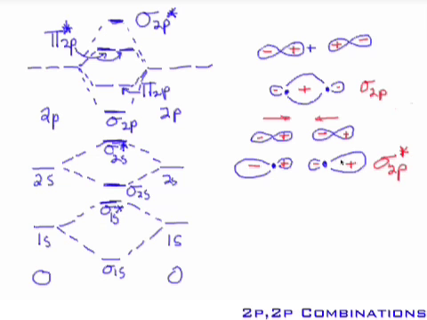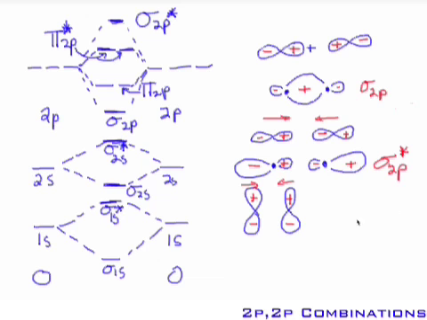So notice we can figure out the shapes by how the waves combine. What about when we get side-to-side overlap? The pi 2p's and pi 2p stars, what do they look like? Well, we can do the same thing, except we want side-to-side overlap. What do we get? If these two are thrown together and the amplitudes of their lobes align and enhance one another, and so these come crashing together, what do we get?